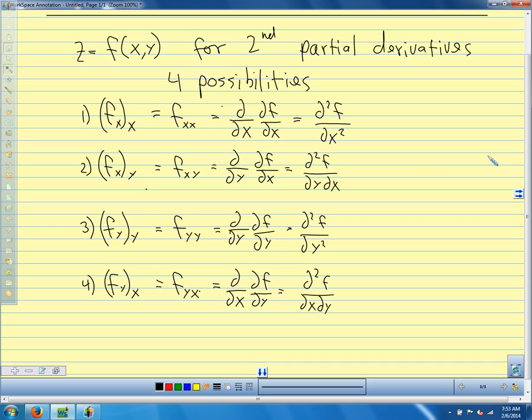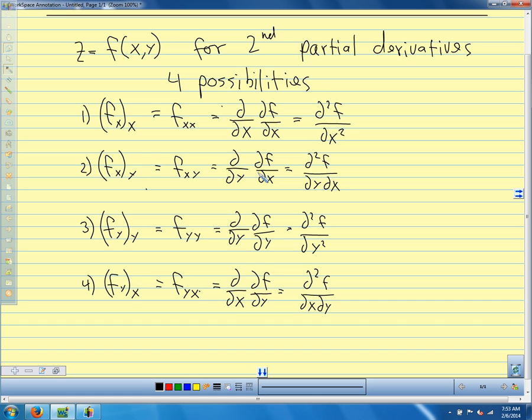So again, it's important to remember how the subscript notation works. When we use the subscripts, our order of the derivatives is from left to right. When we use the d notation, it's from right to left. And with the d notation, if you can't remember, thinking of that intermediate step can help you remember how that works.